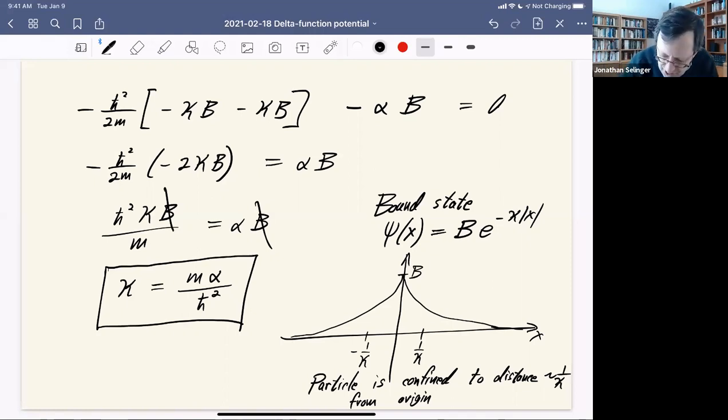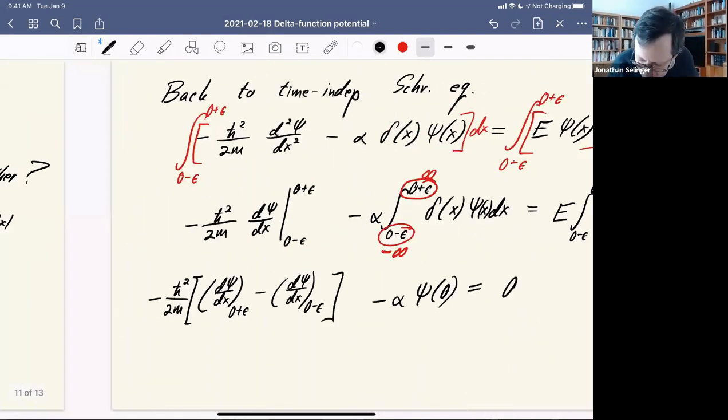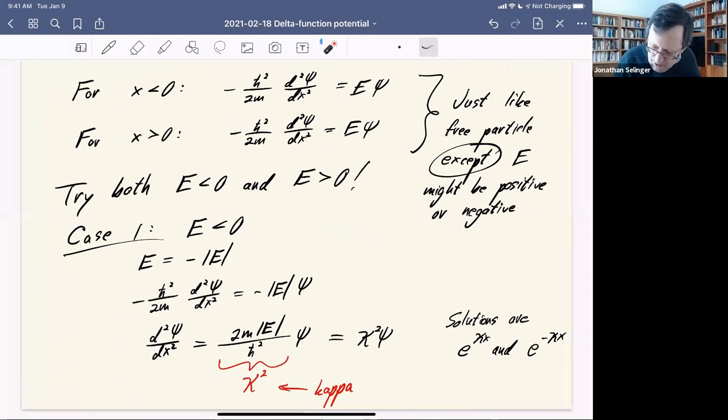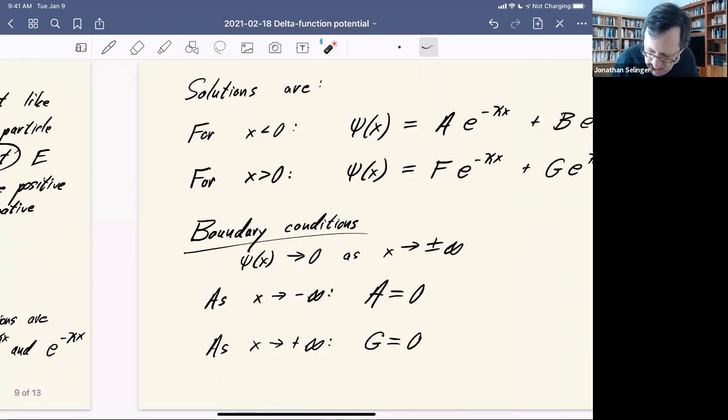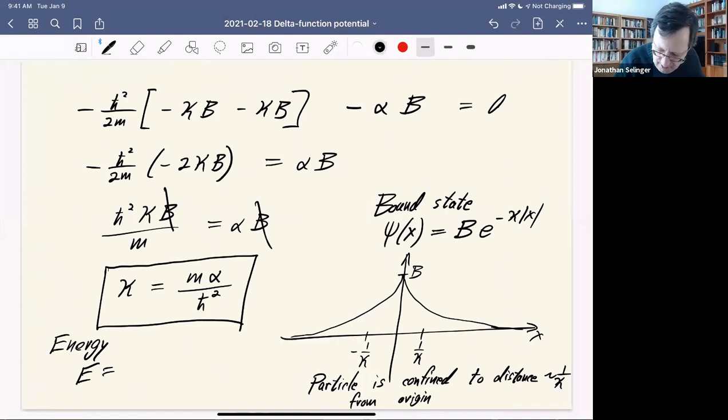And this is a state which has an energy which we defined a long time ago, because κ is related to the energy. Somewhere way back here, κ is related to the energy. So the energy is negative ħ²κ² over 2m.